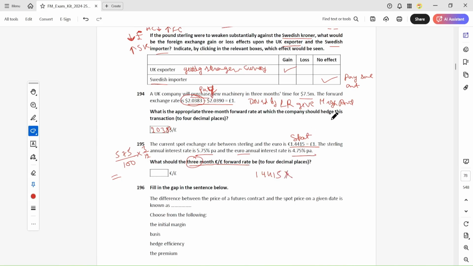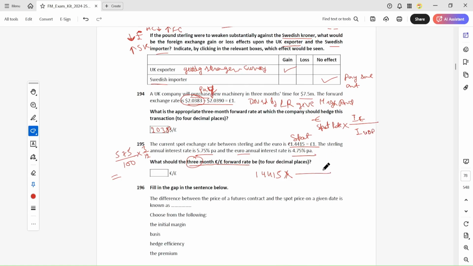Let me write it for you. The formula is the spot rate multiplied by the currency. If the euro is in the numerator, then the euro interest rate will be above, and the pound interest rate will be in the denominator.